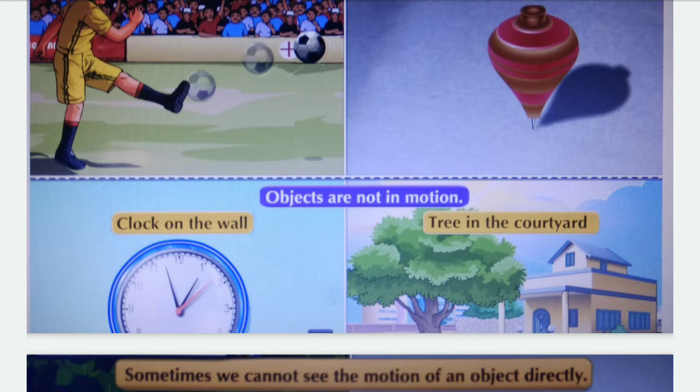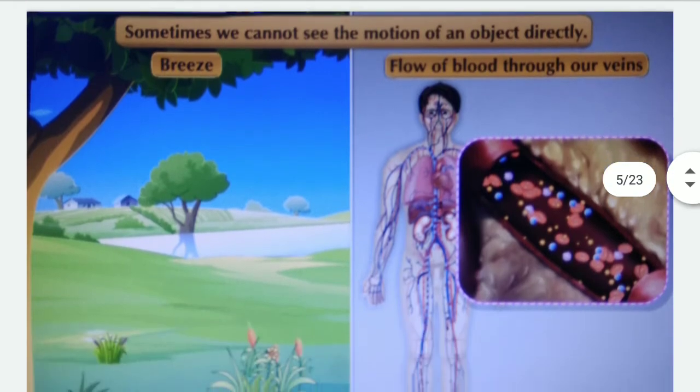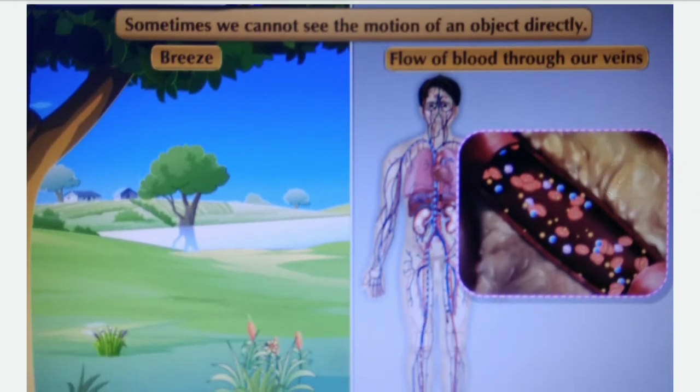It is at rest position. Therefore, we can say the clock is on the wall. The tree is in the courtyard. The tree is not moving, and so these objects are not in motion. What is shown in the next picture?